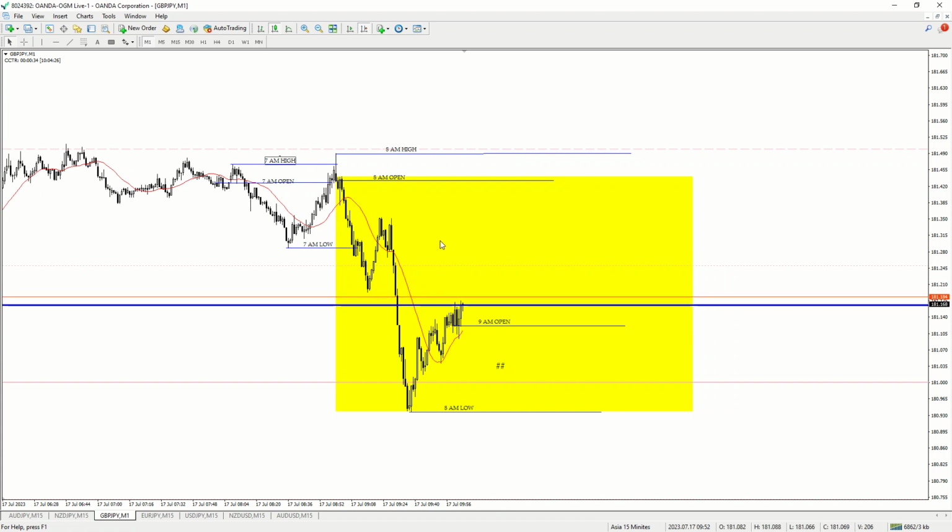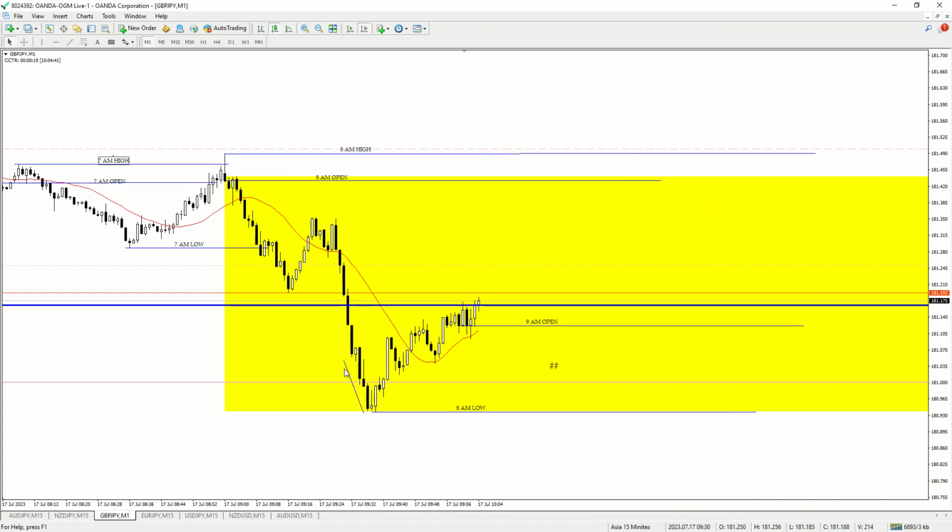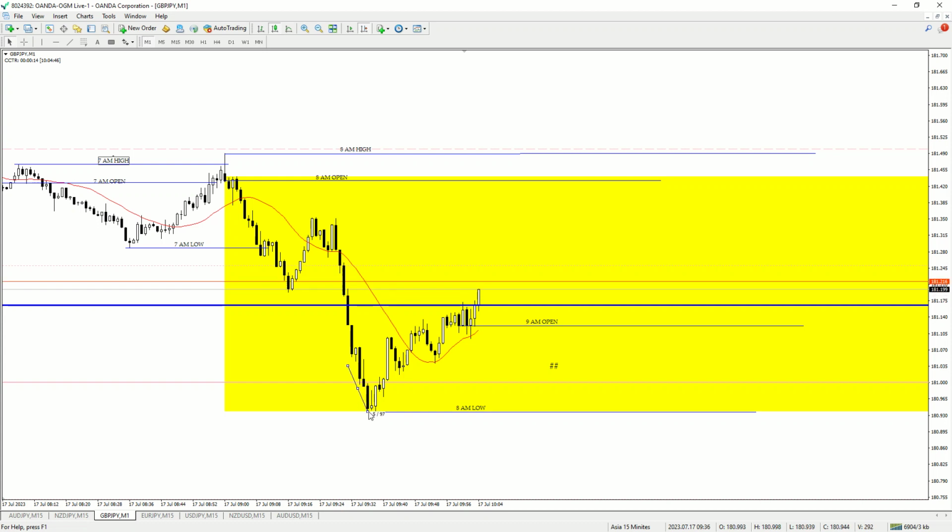Let's see now. So far what we have is a pattern. We have this beautiful Yana pattern, of which they broke out and traded back in three entry pushes.